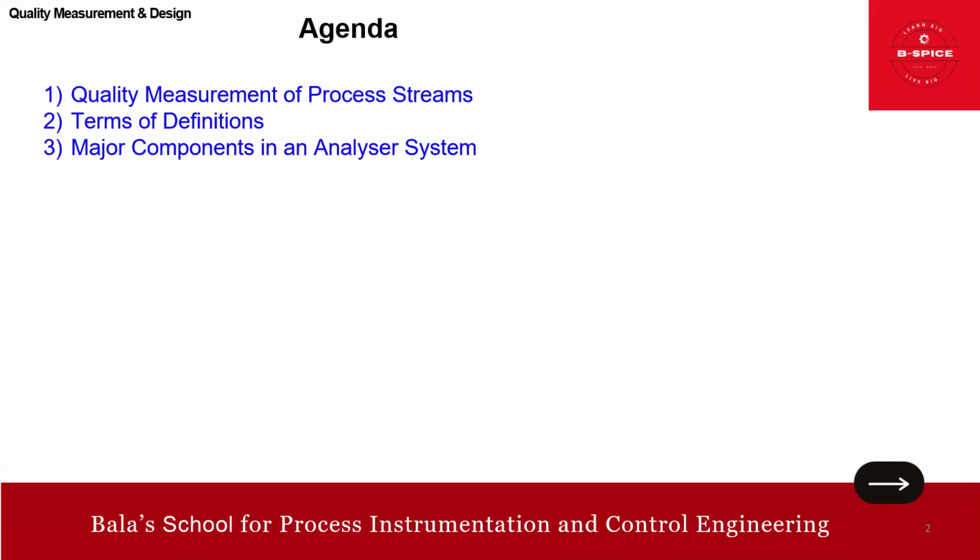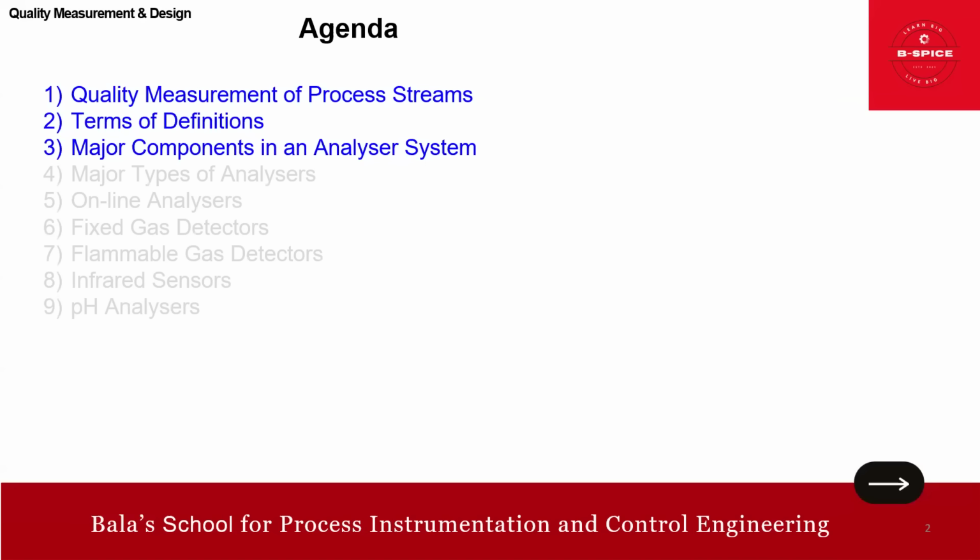Then subsequent sessions will focus on major types of analyzers: online analyzers, fixed gas detectors, flammable gas detectors, infrared sensors, pH analyzers. In fact, pH analyzers we have already uploaded, but my intent is I want to give everything in one playlist under quality measurement.